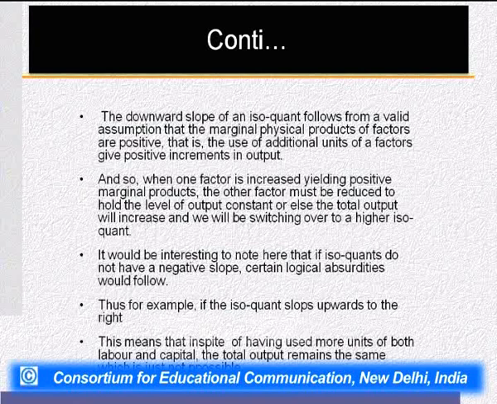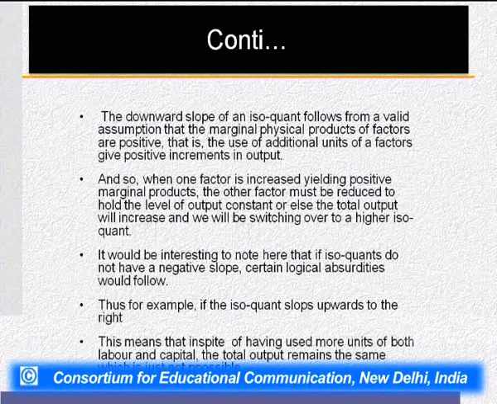For example, if the isoquant slopes upward to the right, if you draw the curve from left upwards to the right, then you can clearly see why the isoquant curve is not properly formed in the upward direction. As the definition suggests, every combination gives the same level of output.